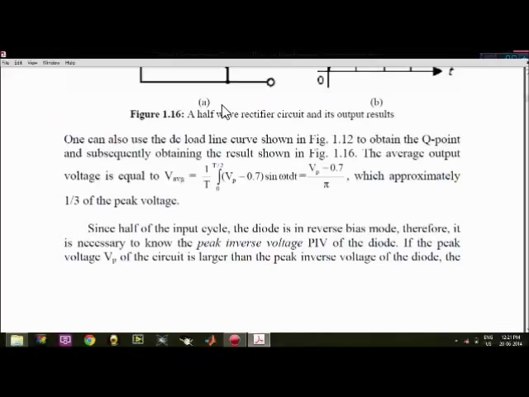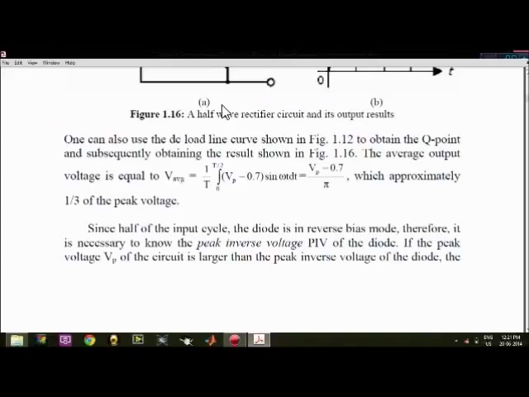Now since for half of the input cycle the diode is in reverse bias mode, it is necessary to know the peak inverse voltage. This is one more important term regarding the rating of the diodes. What is the maximum reverse voltage it can accommodate, that is given by this PIV.